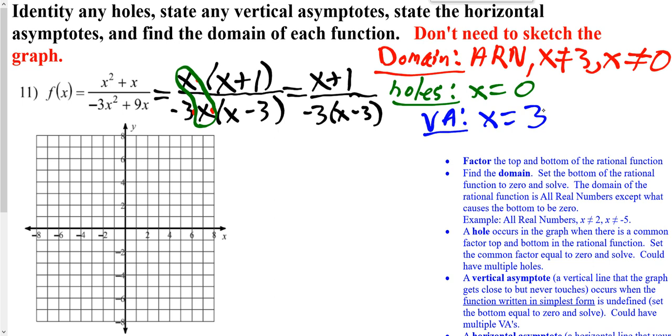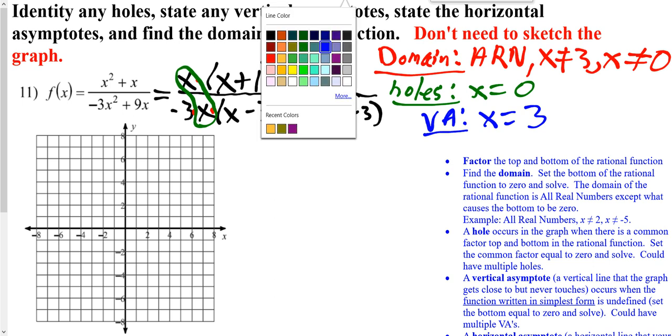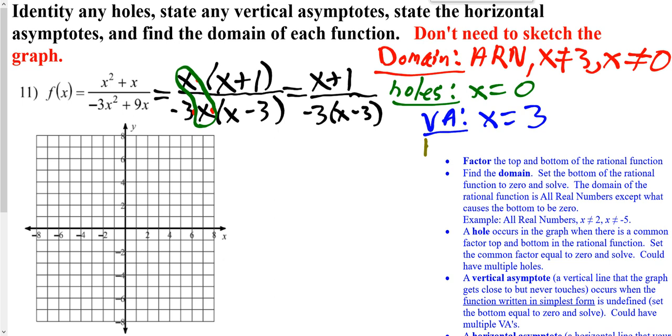Now, if we are looking at horizontal asymptotes, you'll notice we have the same power top and bottom. So we know it's going to be y is equal to a number. And you've got to look at what's in front of your x's. We have a 1 here.